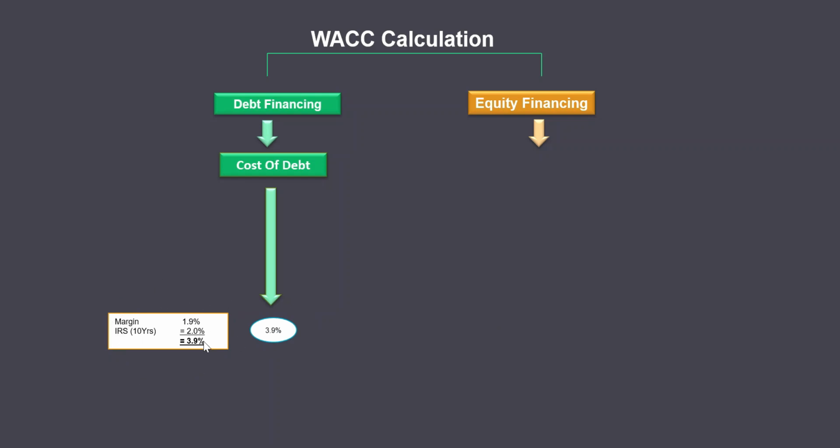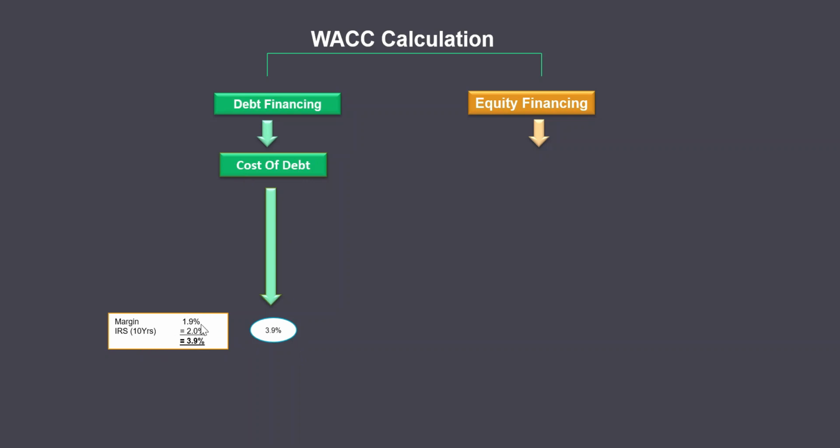When you go for a US dollar bank loan, the interest component consists of two elements. One is the interest margin and the other one is the LIBOR. The interest margin is 1.9. Here I have considered the LIBOR rate for 10 years. It is fixed, which is IRS, meaning I have taken the 10-year interest rate swap rate of 2% in order to identify the cost of debt.